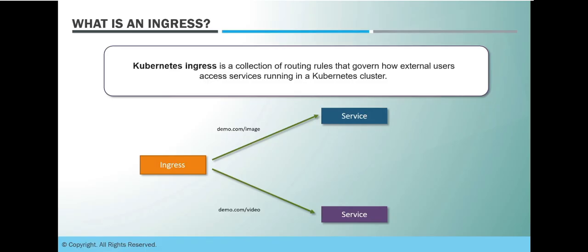So here you define your routing rules in terms of the backend, which service that particular rule wants to target. In the backend we give the service name, as I explained earlier, and based on the path suffix, the ingress rule forwards the traffic to the particular service.